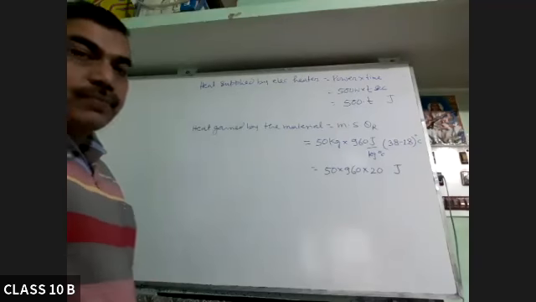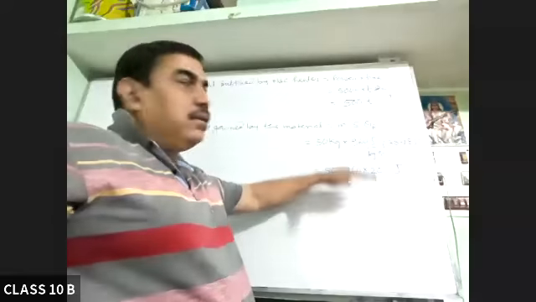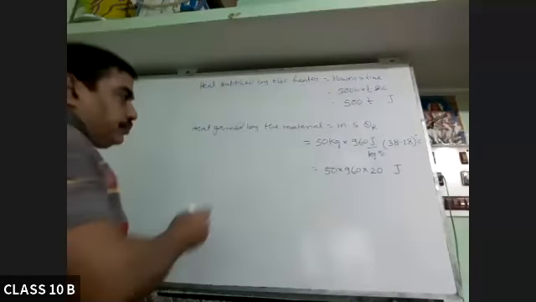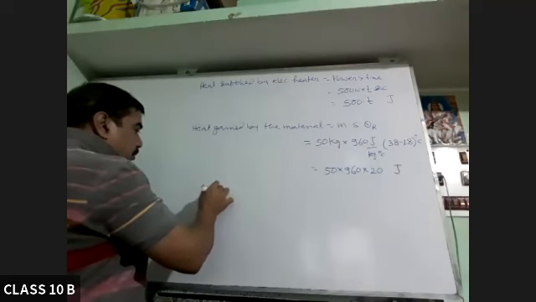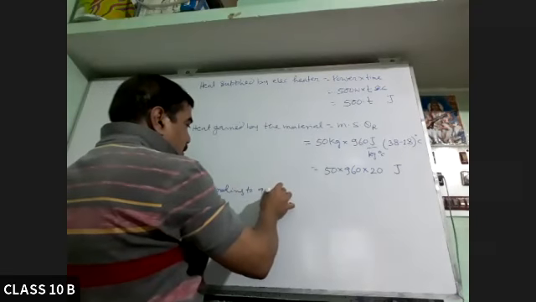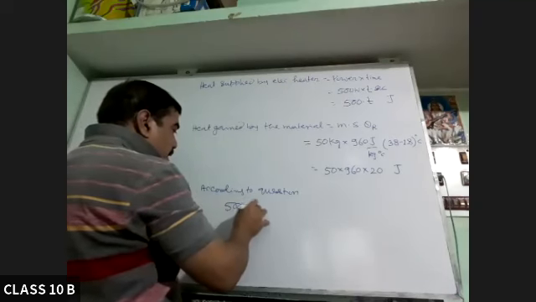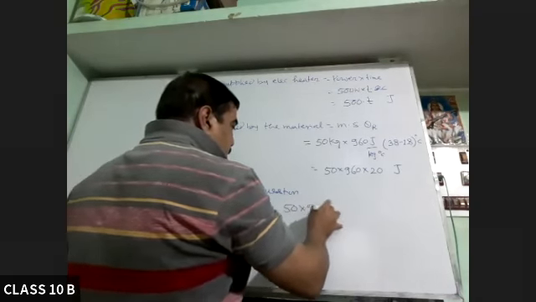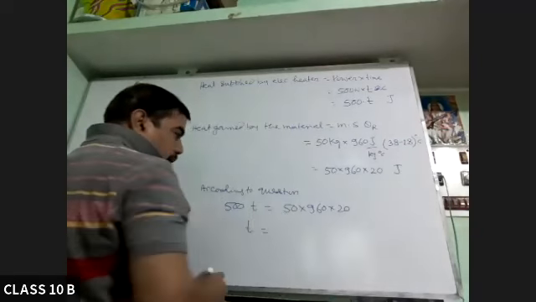Now according to the principle, as it is given, whatever heat is supplied is absorbed by the material. So this must be equal to this. So according to the question, this 500 T must be equal to 50 into 960 into 20. So this T you will find.